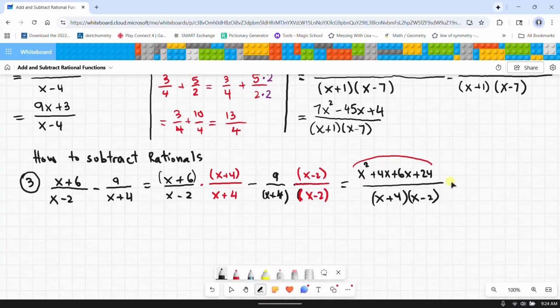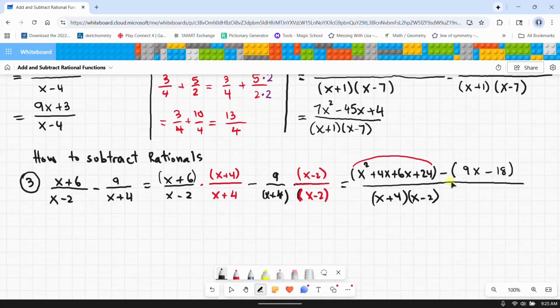So this came from the first group. And then I have to keep this going. Now be careful with the next one, okay? Let's keep the minus sign for right now. And then let's keep the second group inside the bracket. So this is going to be 9x minus 18.